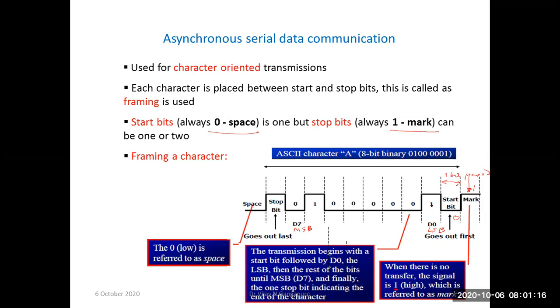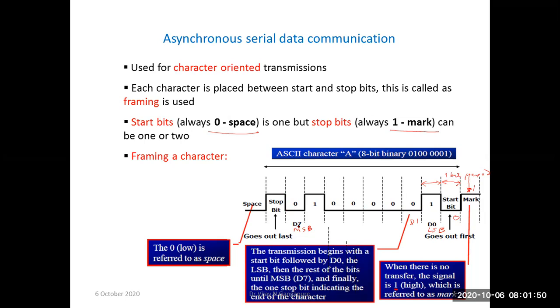First this one will be put on that serial channel, and it will be there for 1 bit time. Then the next bit D1 will be put on the channel, then the next, and the next, and then the last MSB bit. In this way, serially, these bits are put on the serial port or channel.